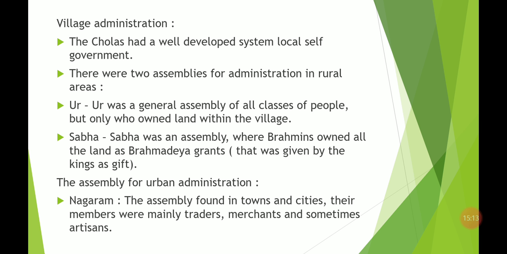So here in the villages of the Cholas empire, there were two assemblies. So the two assemblies were what? Ur and Sabha. So what was Ur and what was Sabha? Let's see. Ur was a general assembly of all classes of people, those who belong to the Cholas empire and their region, they all were part of the Ur assembly.